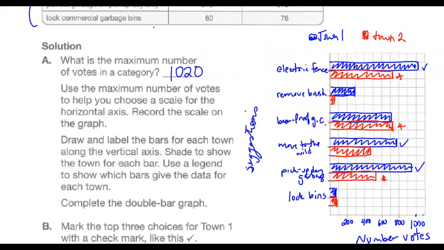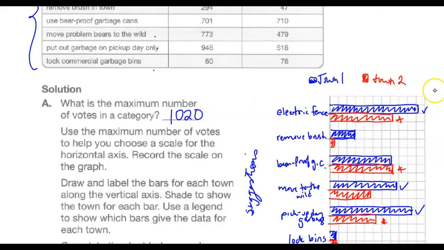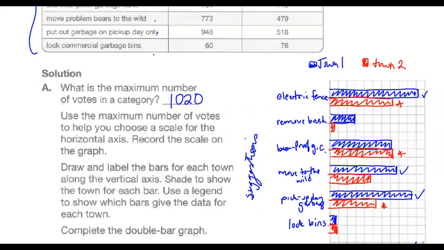Justify your reasons. Well, you might suggest something that's not popular here, but if I were to look at this, I'd probably go with what the vote says.